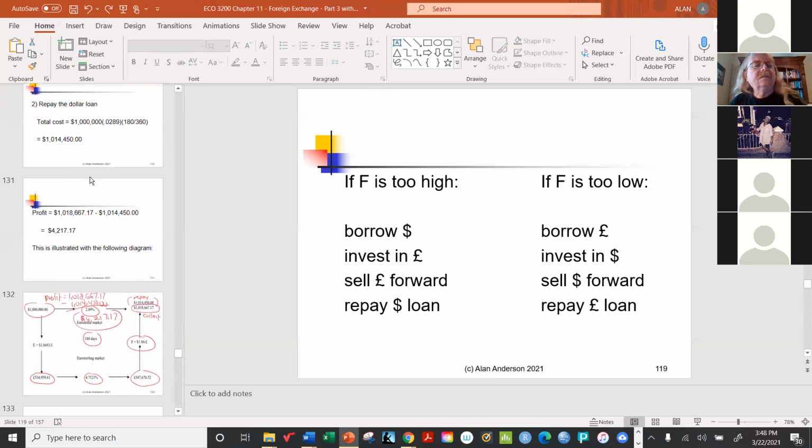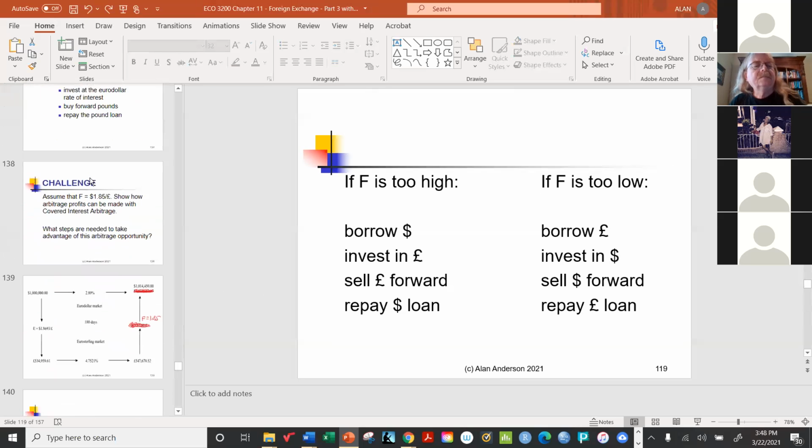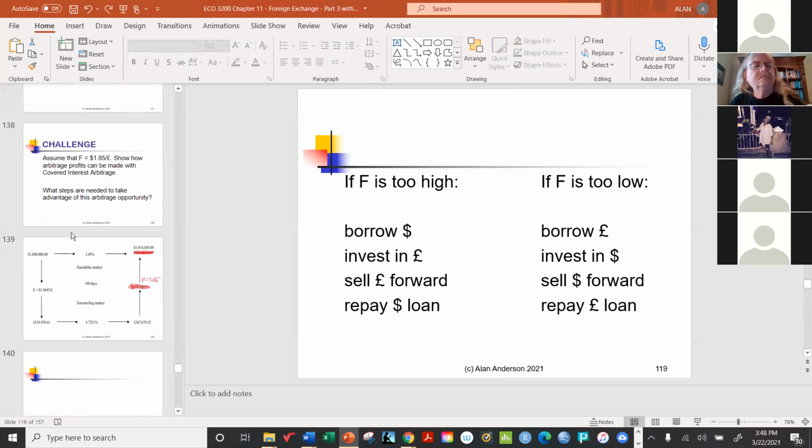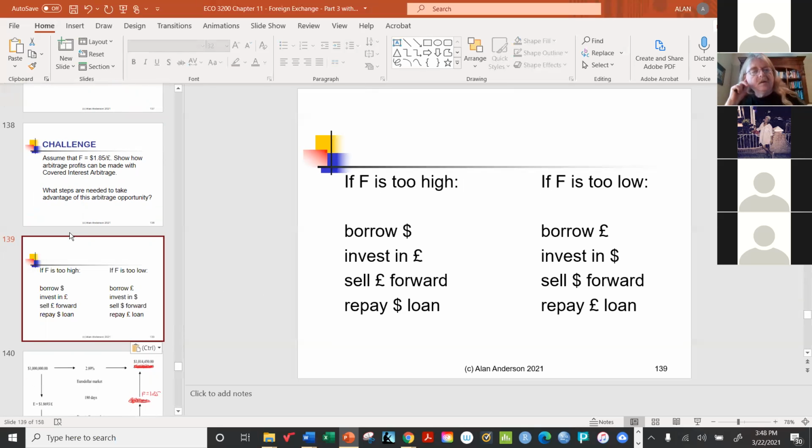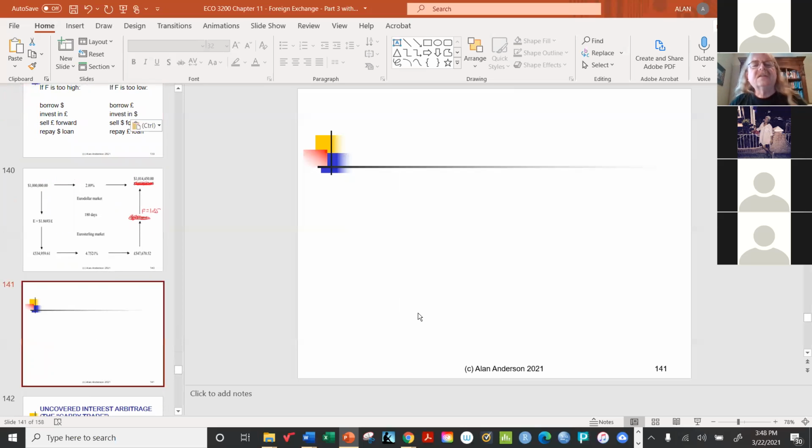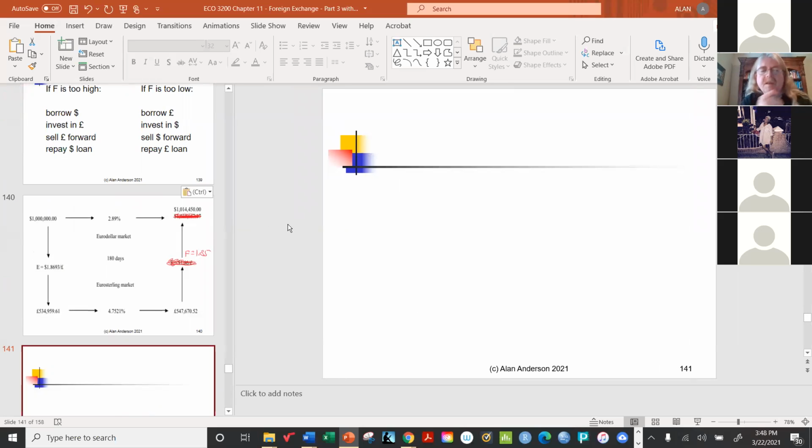So in a case like this, we're going to borrow the pounds, which means we'll start in the bottom left-hand corner. To be consistent, we're going to keep the same number of pounds, in other words, $1 million worth of pounds.